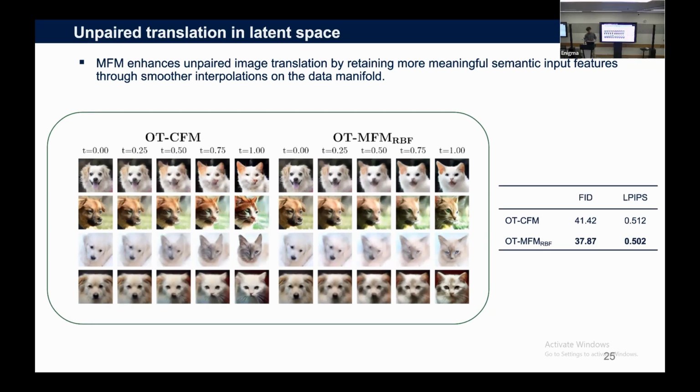Again, what was surprising is that we don't just get better resolution of the Euclidean part; there are metrics you can look at, but you have better preservation of some semantic input features.